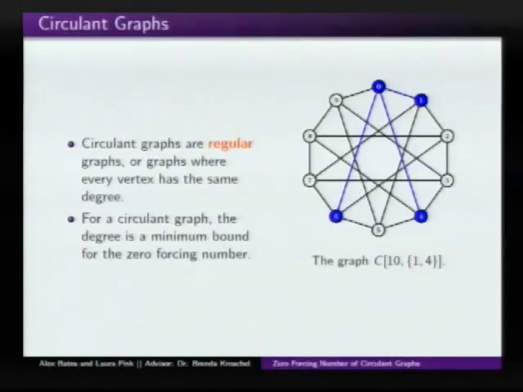So in this case, 0 has vertices 1, 6, and 4 adjacent to it. And since it is touching 9, which is white, 9 can become colored. Now, obviously, this isn't a zero forcing set for this graph, but it's just to show that to force even one vertex, we need at least 4 that are blue to start with.